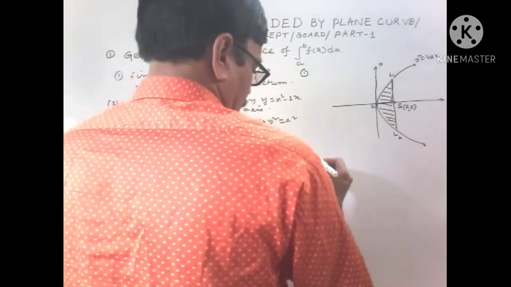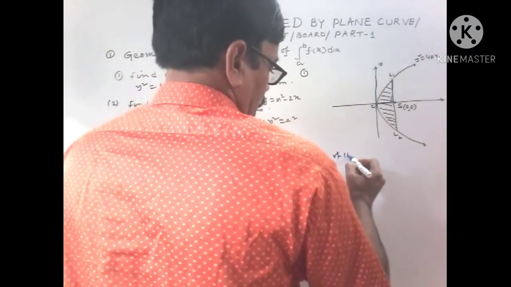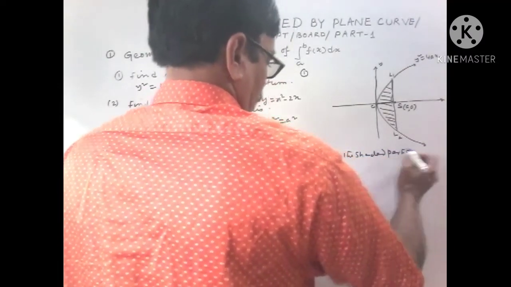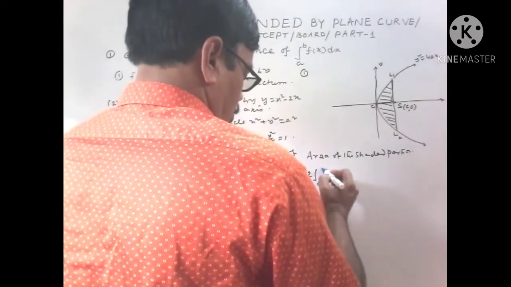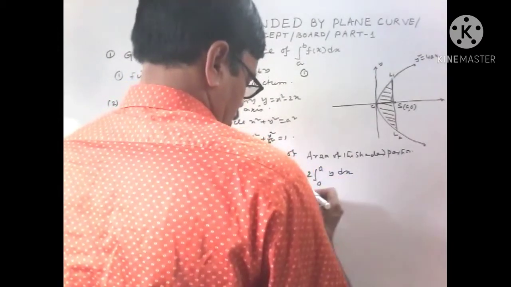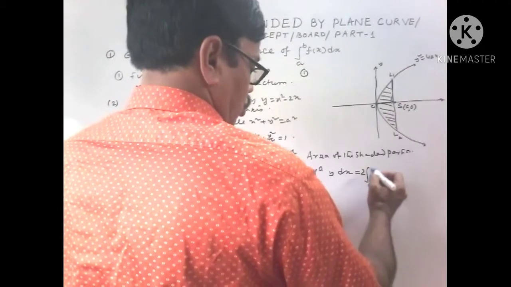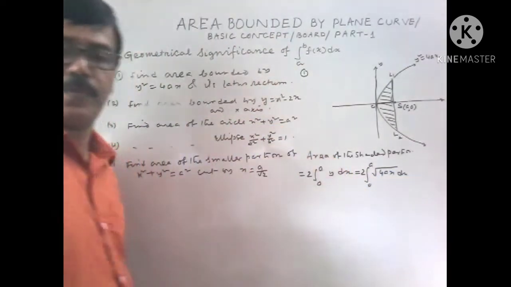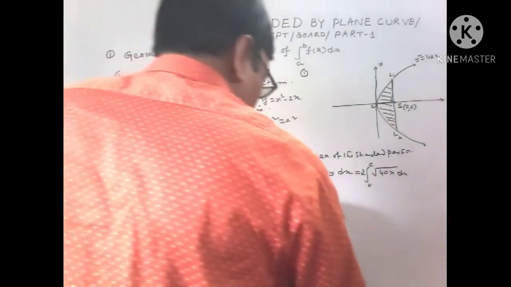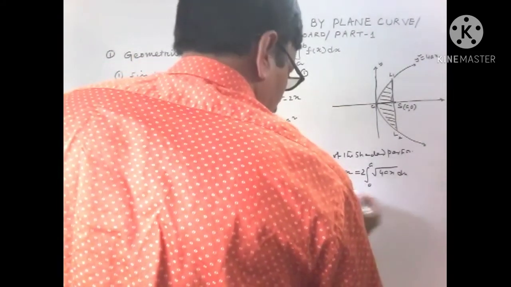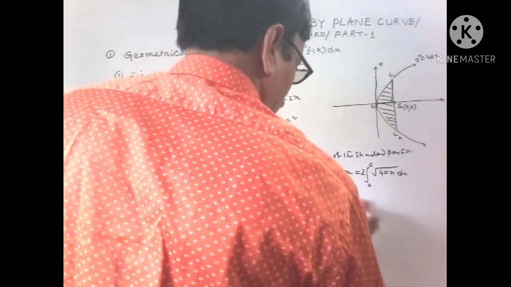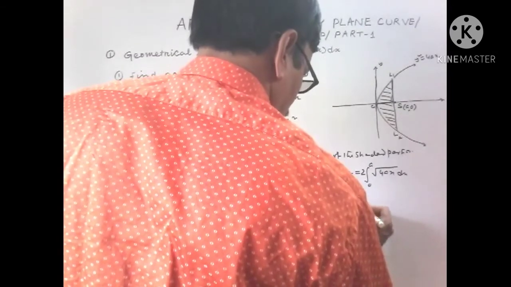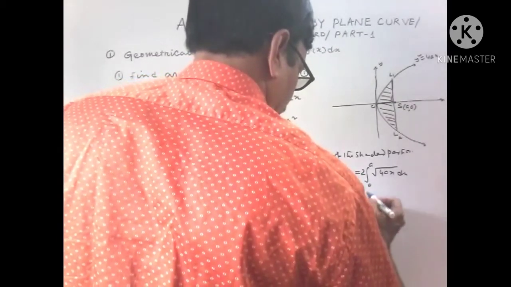So what is the area of the shaded portion? Area of the shaded portion equals 2 into integral 0 to a y dx. So 2 into 0 to a root 4a x dx. Now we need the idea of integration. 2 outside, root a outside, x to the power half. So x to the power 3 by 2 by 3 by 2, 0 to a.